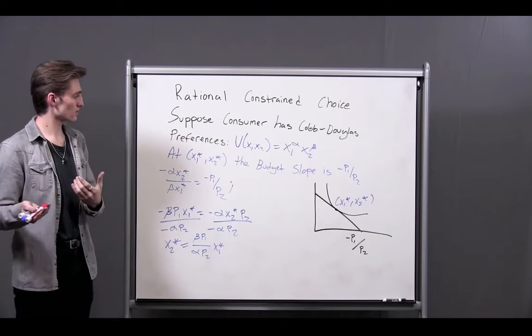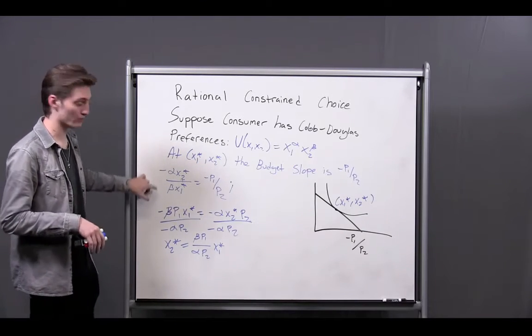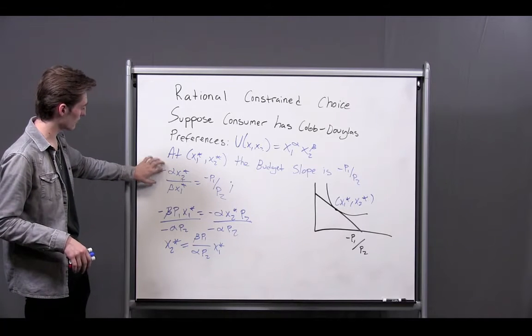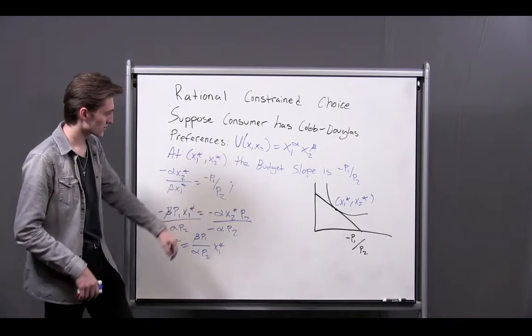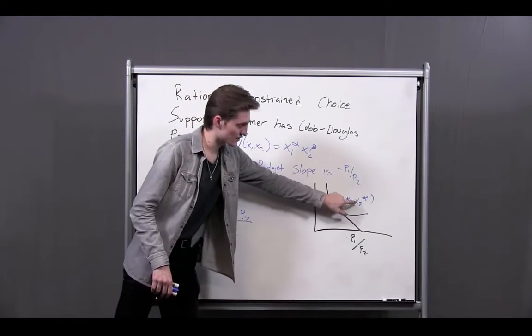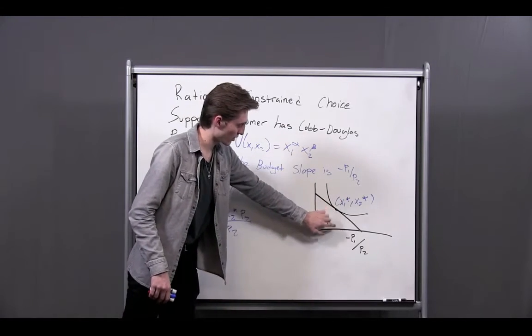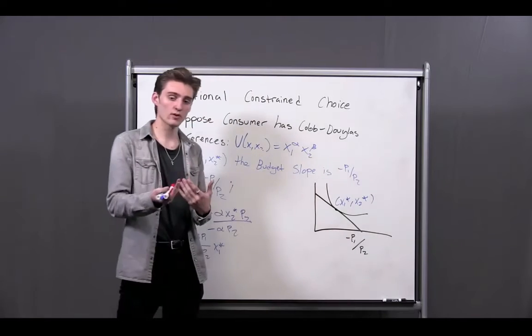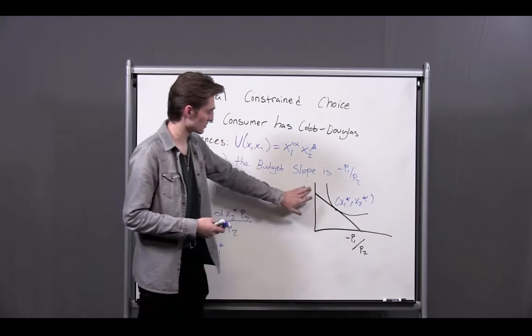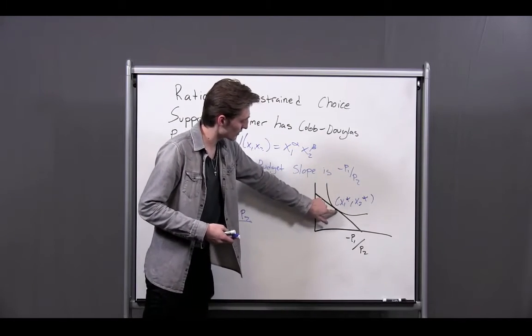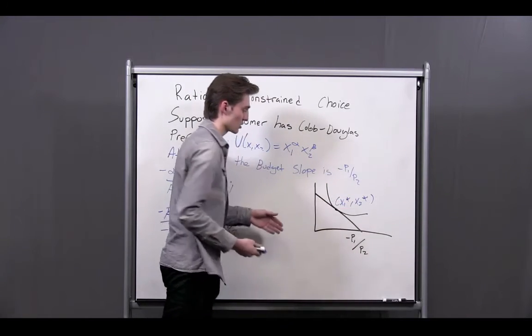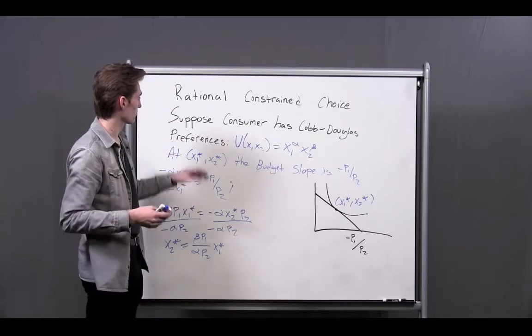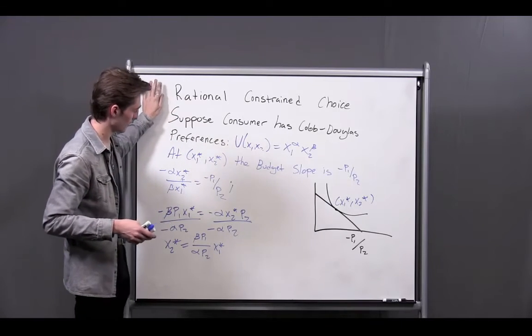Now to continue this, we're going to connect our previous solution, the ratio of how you substitute each good, with our budget constraint. If you look here, we have X1 star and X2 star. This is the tangency with our negative price ratio, how the price of each good is substituted. And right here, we have a single tangency. This means that at this point, this is the optimal solution given our constraint, which is what this topic is all about.